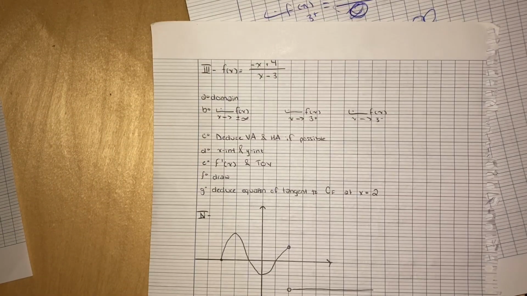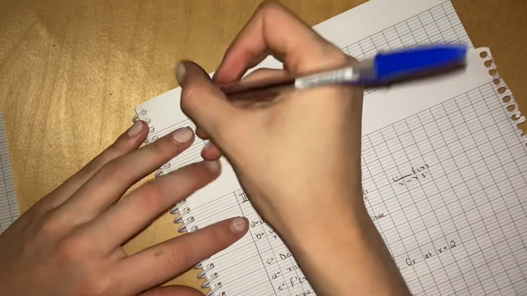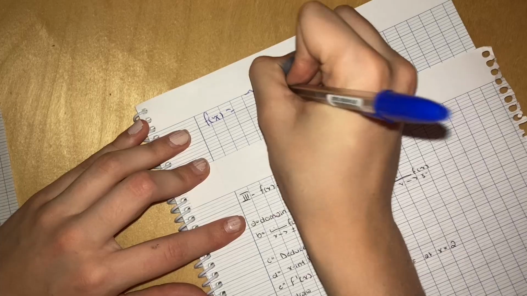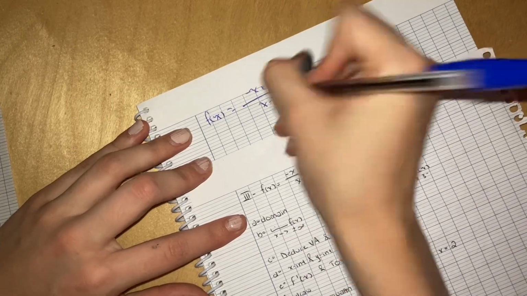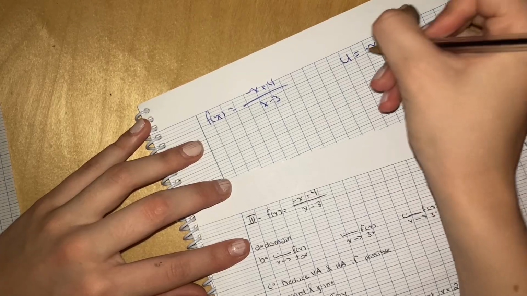The next question is find the derivative of this equation and the table of variations. So we're going to start with the derivative. F of x is equal to minus x plus 4 over x minus 3. U is equal to minus x plus 4.